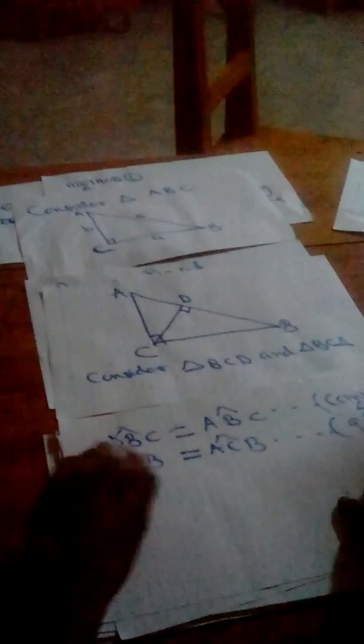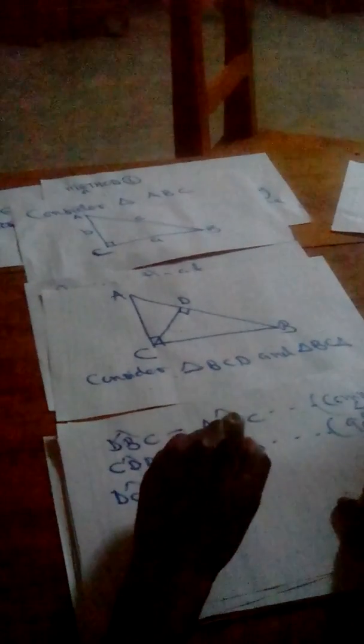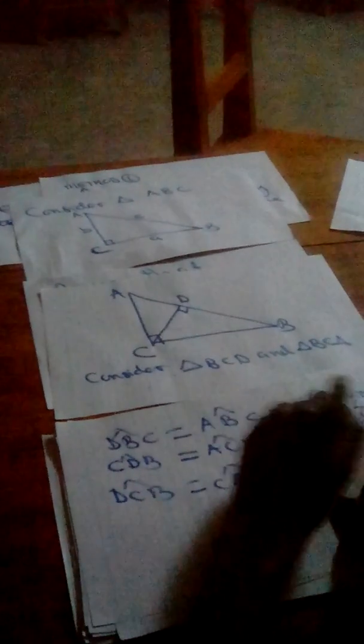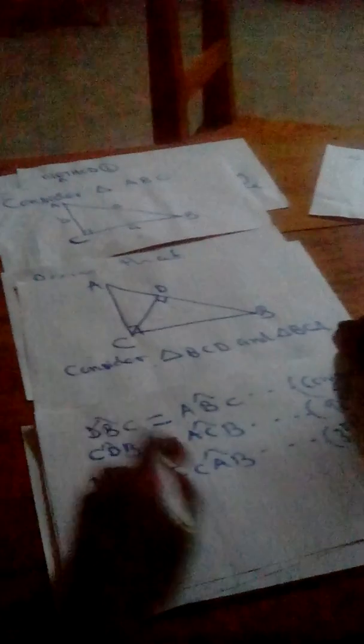Angle DCB will be equal to angle CAB, and it is because they are third angles. Angle DCB is this angle, and angle CAB is this angle.